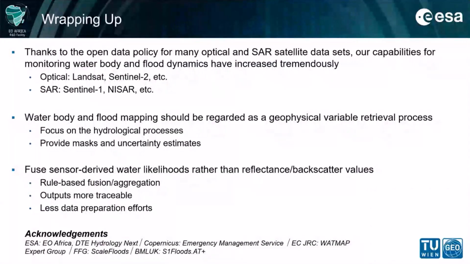Yeah, and once we start wanting to fuse different data sets, again, being a physicist, I like being transparent about what we're doing. So I find it much more traceable if we first process each individual source separately, so that we can describe the strengths and limitations of each data set separately, and then we can have dedicated rules of how to fuse them with the knowledge of surface water dynamics and with the knowledge of the specific sensor advantages and limitations.